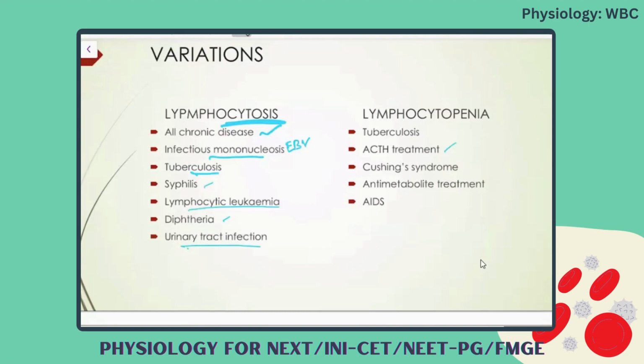And ACTH treatment, Cushing syndrome, anti-metabolite treatments, and during AIDS, lymphocytes will be decreased. That is why in case of AIDS, the CD4 count will be less than 200. Okay.